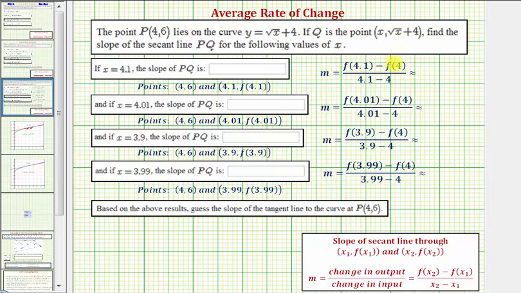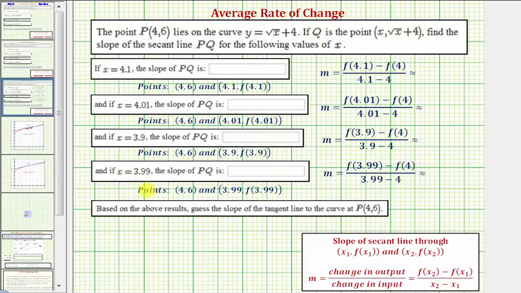Here's the change in the outputs. Here's the change in the inputs. When x equals 4.01, we would have f of 4.01 minus f of 4 divided by 4.01 minus 4. And similarly, for x equals 3.9, we have the change in the outputs divided by the change in the inputs.